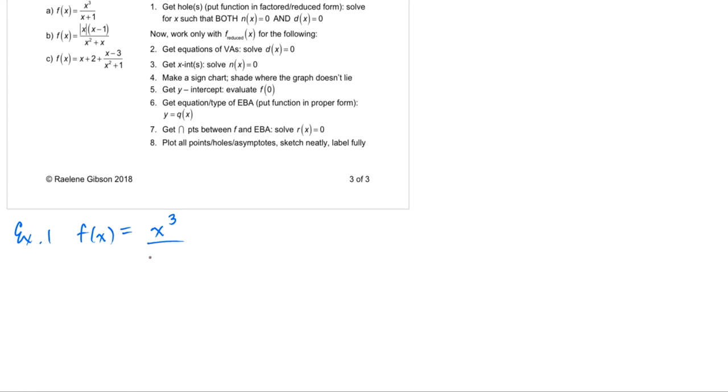And the first thing we're going to do is put the function in factored or reduced form. There's no factoring or reducing to do here, so we see that we don't have any common factors. It's not like we have, for example, x plus 2 times x cubed over x plus 2 times x plus 1.